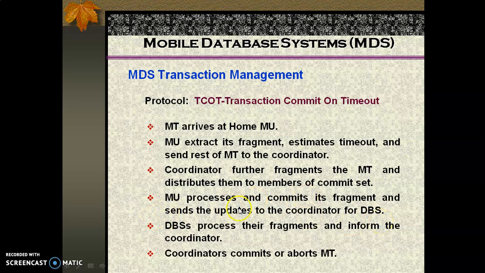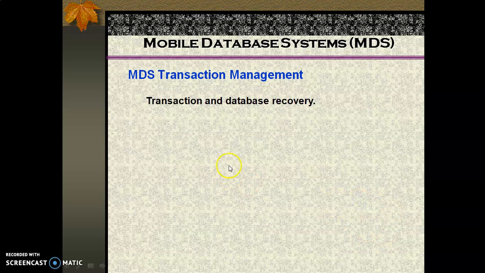The mobile unit processes and commits its fragments and sends the update to the coordinator. The database systems process their fragments and inform the coordinator, and finally the coordinator commits or aborts the mobile transaction.